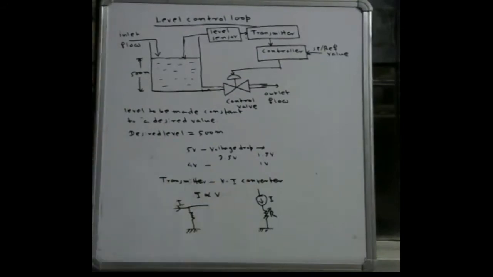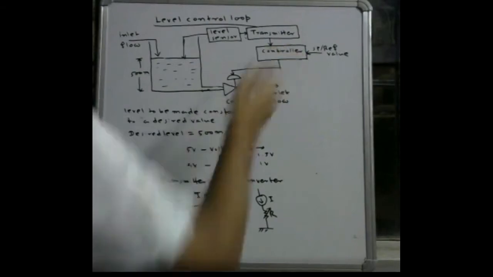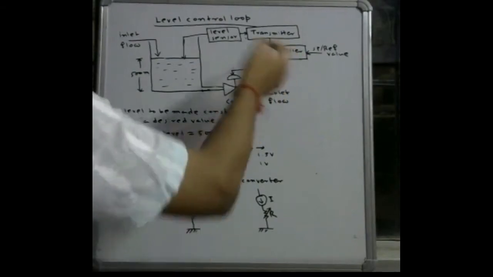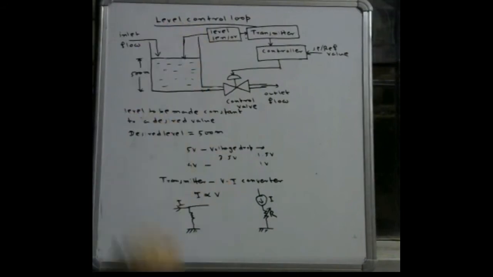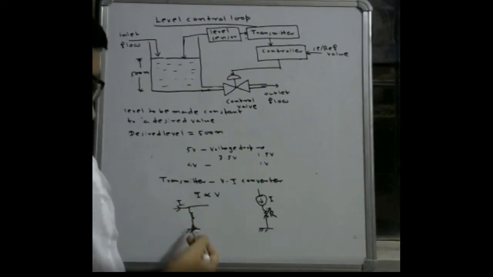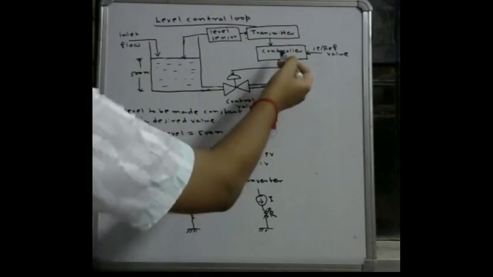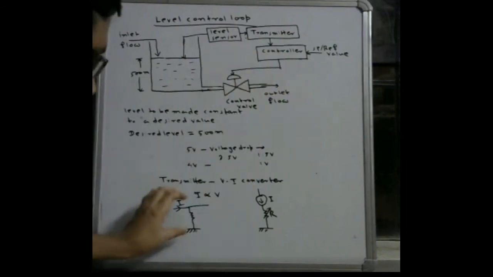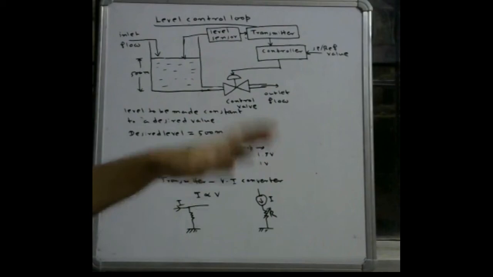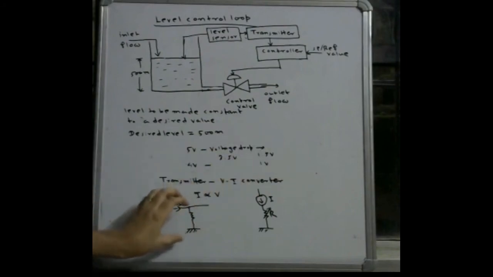So this one is again an I to V conversion near the controller section. Now this voltage will be fed to the controller. So at the input, the controller is getting the signal in the form of voltage, but before it there is a conversion from current to voltage, and this current to voltage conversion is also happening very near to the controller. This system is also placed inside the control room. It is not placed at the field.